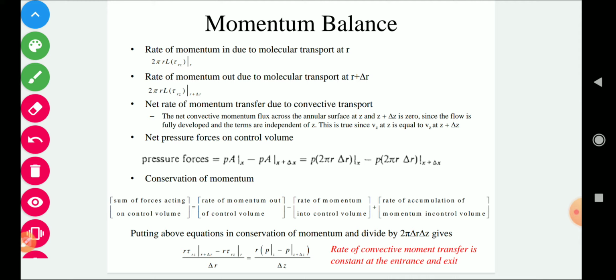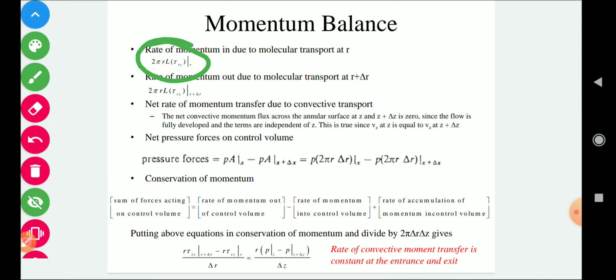The rate of momentum in due to molecular transport at r will be equal to 2 pi rL, which is the area, times tau rz, the shear stress. This will give the value of momentum. So this momentum is at location r.